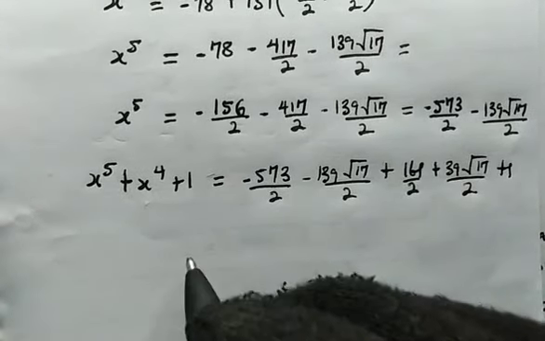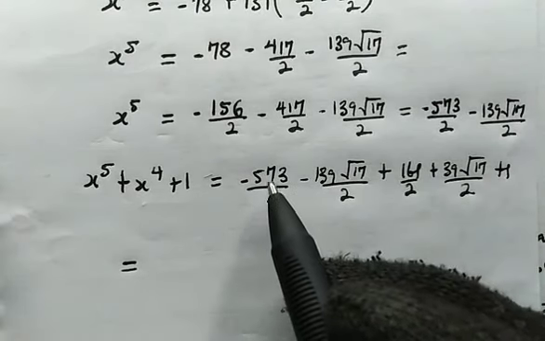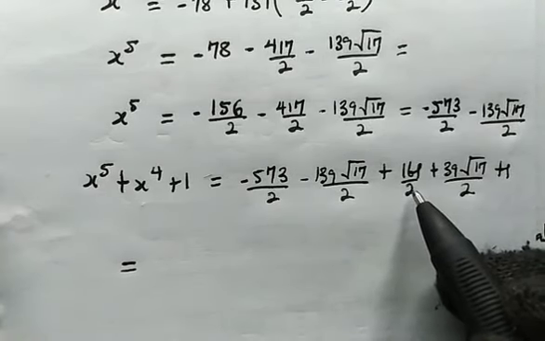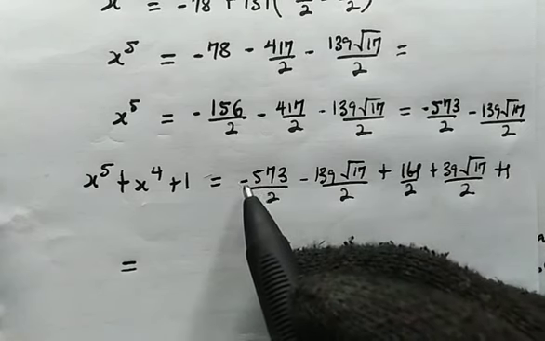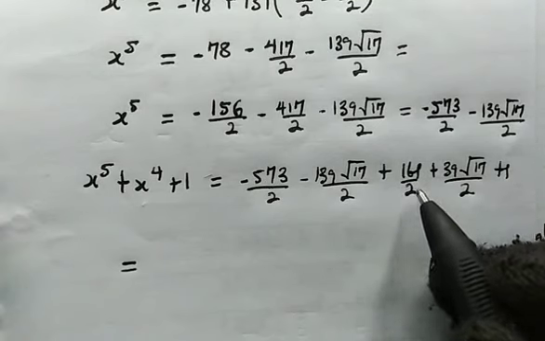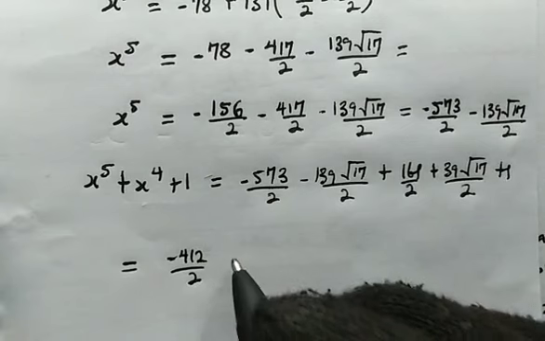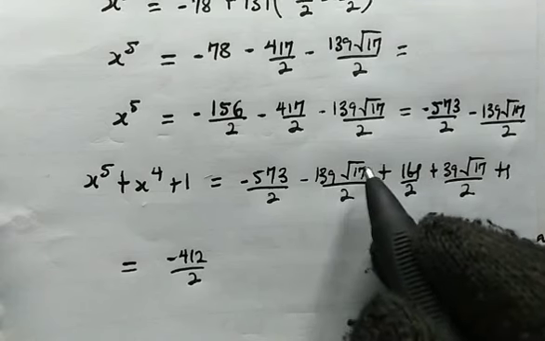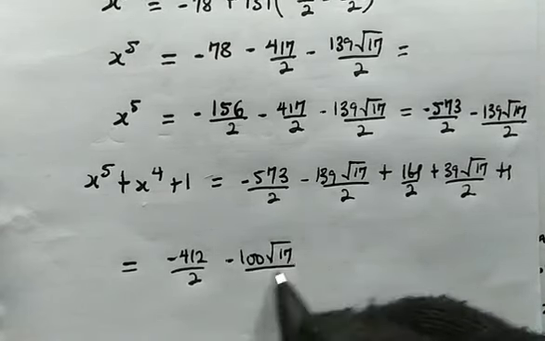Now let's go ahead and simplify this. Do not forget we still have negative 573 over 2. We add it to 161 over 2, which gives us negative 412 over 2. Then we have negative 139 root 17 over 2 plus 39 root 17 over 2, which gives us negative 100 root 17 over 2.